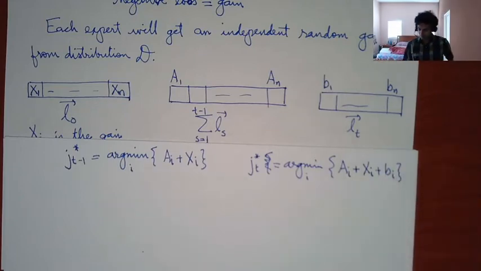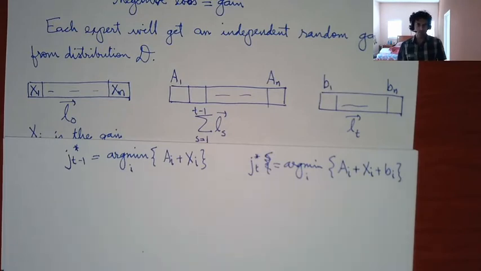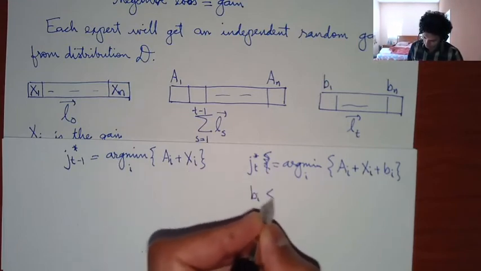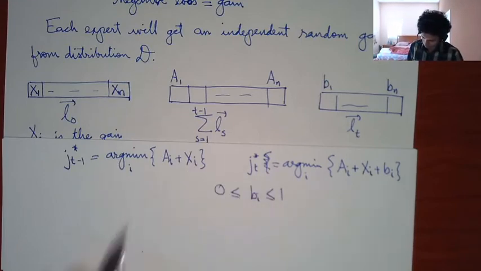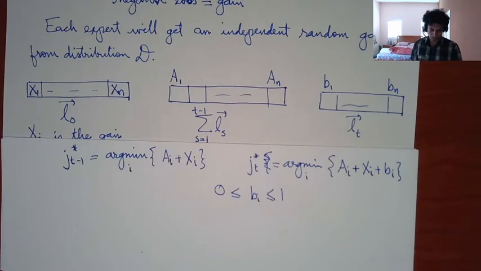Note that A_i is potentially large because it is the sum of the losses. But all the b_i are between 0 and 1. So does this make sense?